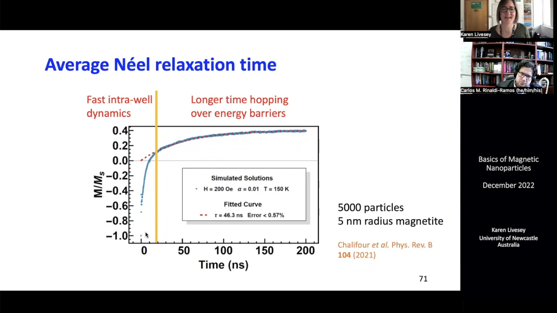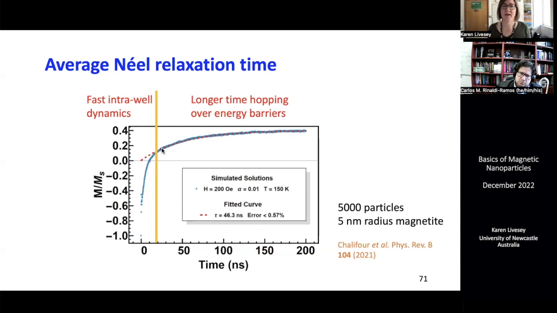So all the particles are down, giving us a normalized magnetization of exactly -1. Then we see the particles all relax to the up direction because there was an external applied field. There are actually 2 relaxations that go on here. Firstly, there's just a thermalization, where the particles' magnetization, or their macrospin moment, is precessing or jiggling around within an energy well.